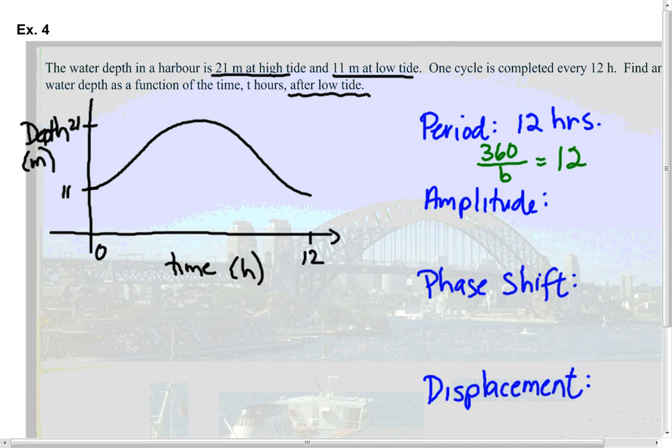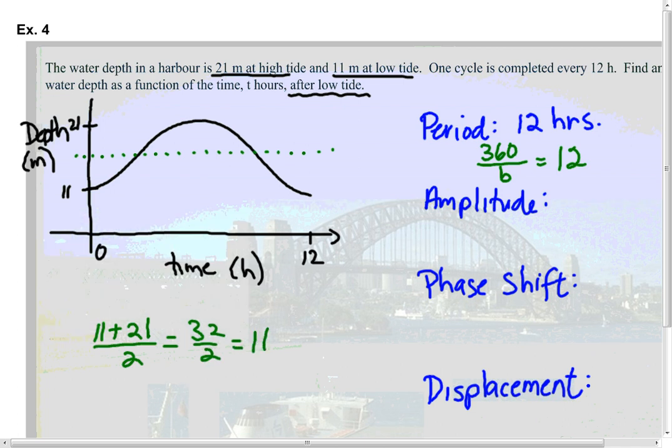The amplitude, well, that's a little trickier. The amplitude is the distance from rest. So I need to know where rest is, and that's in the middle. So finding the middle between 11 and 21, we can average them. 11 plus 21 is 32, divided by 2 is 16. So if I want to find that axis in the middle, I can average them and I will get 16.